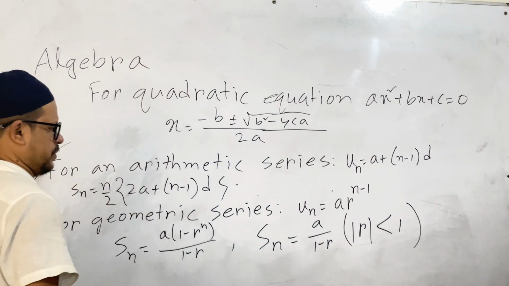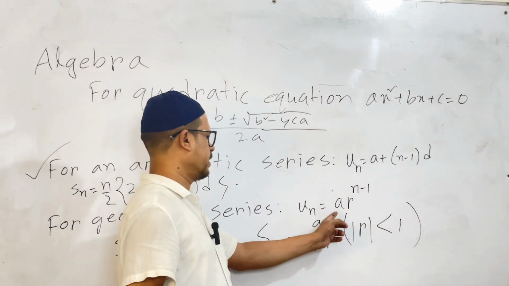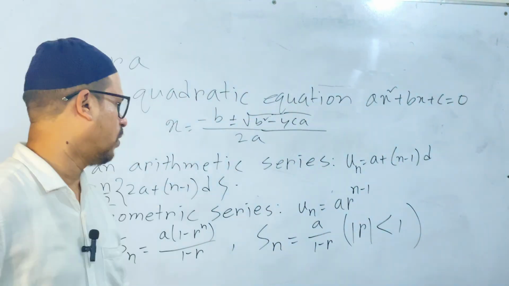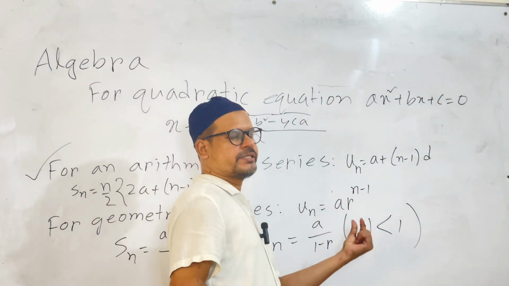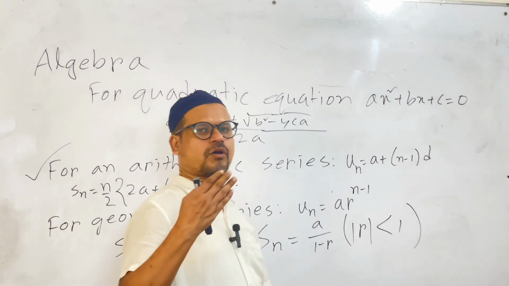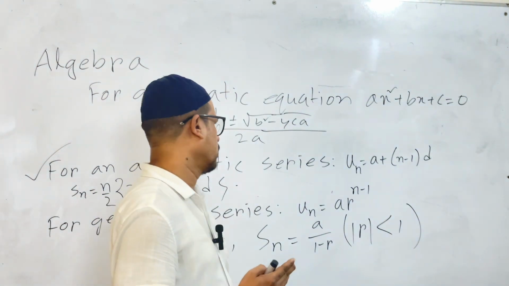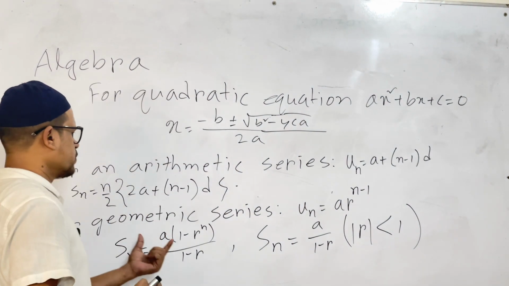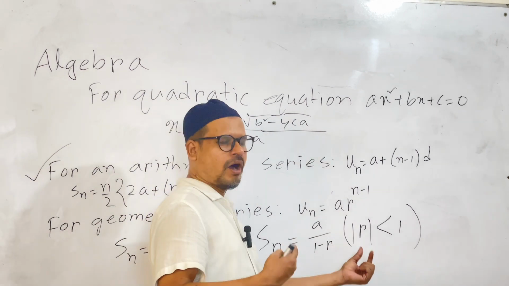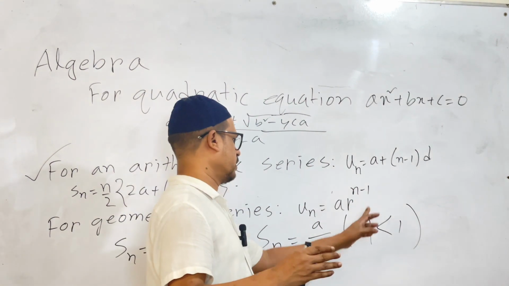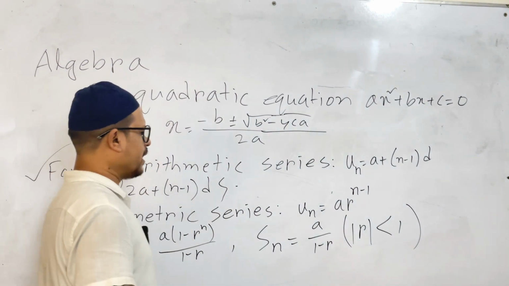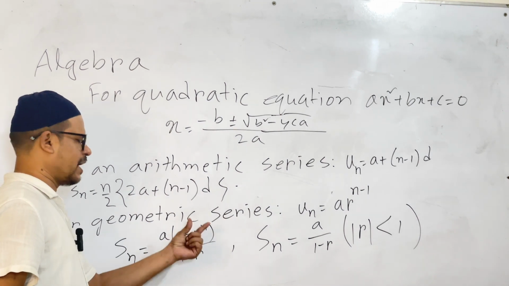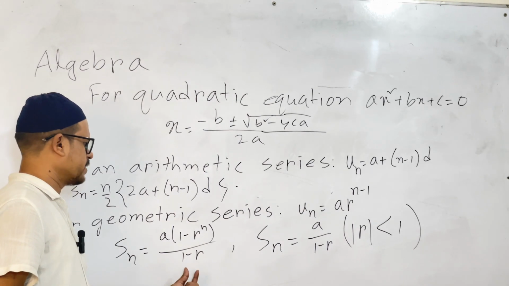Now for geometric series, the nth term equals a r to the power n minus 1, where r is the common ratio, a is the first term of the series, and n is the number of terms, the nth term, fifth term, sixth term. When r is less than 1, the summation of the geometric series is a times 1 minus r to the power n, divided by 1 minus r.